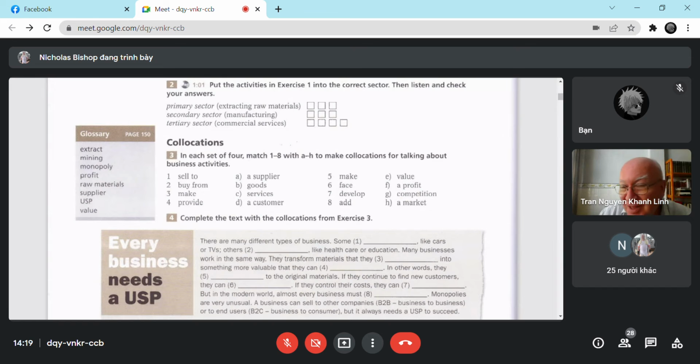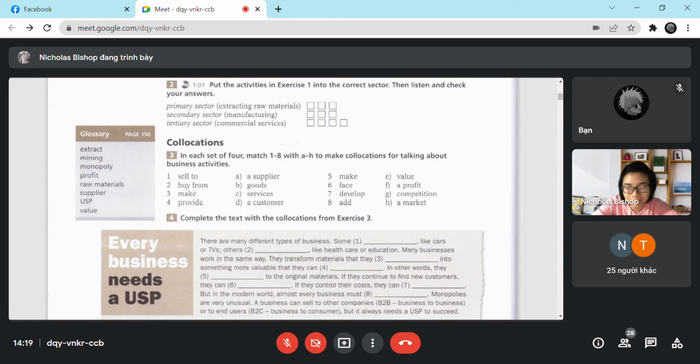Teacher, I'm not really sure about extract. What does it mean? Okay, that's a good question. Can anybody tell us what extract means? Okay, we'll have a look at the glossary in a minute and see what they say.